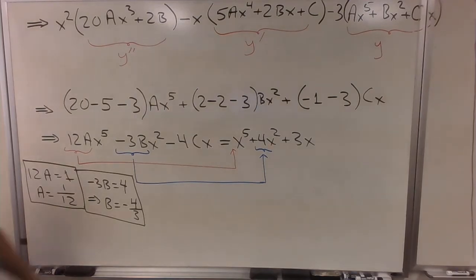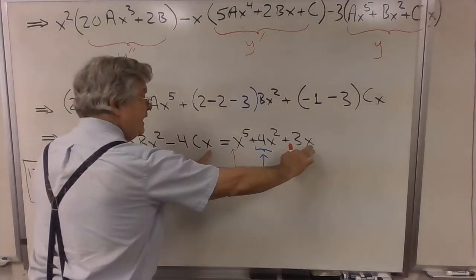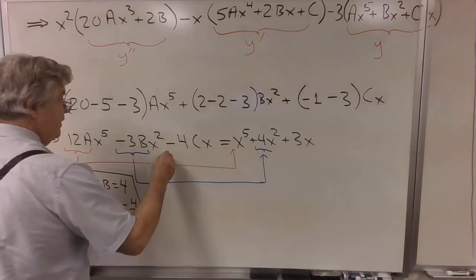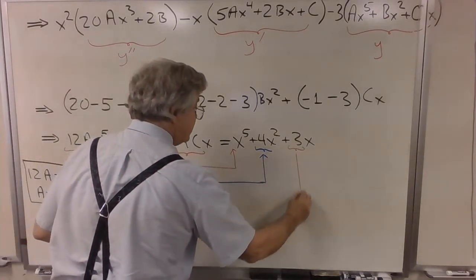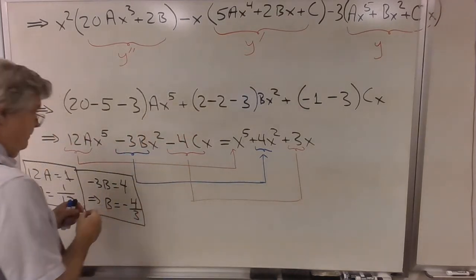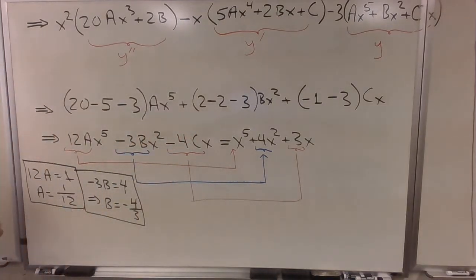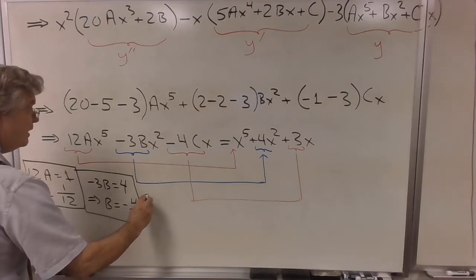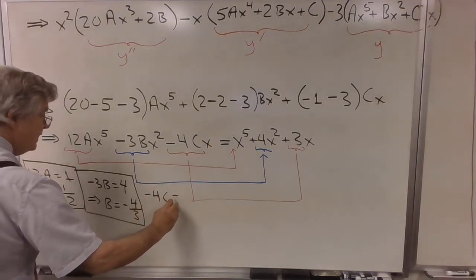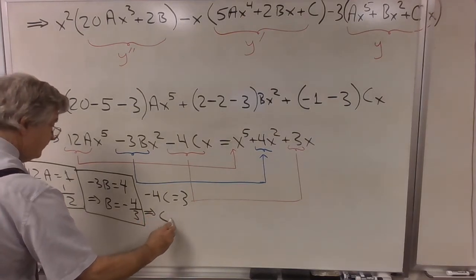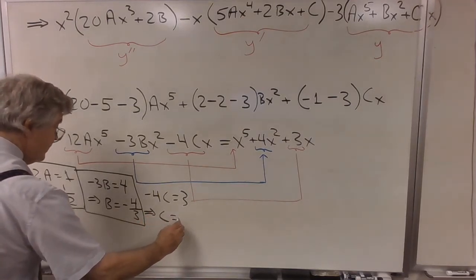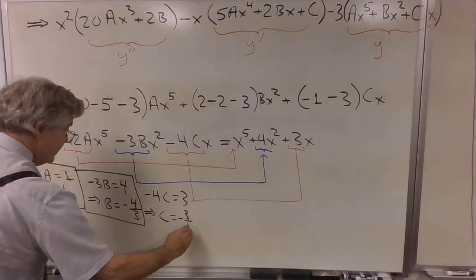And then we can compare the coefficients of x to the 1st. Negative 4c has to be equal to 3. So we'll set those equal. Negative 4c equals 3, and that means c equals negative 3/4.